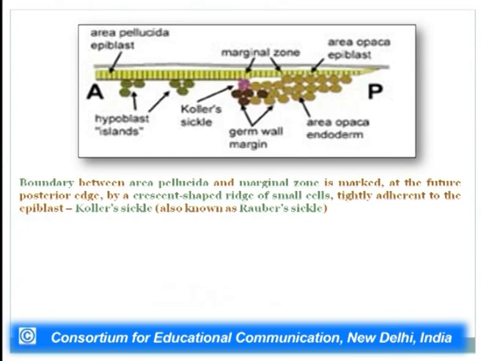The marginal zone cells are not very much attached to the epiblast layer. They are loosely attached, but Koller's sickle is very much adhered to the epiblast layer. So, that is the region which is present on the presumptive or future posterior edge of the area pellucida and the marginal zone. And this Koller's sickle or robber sickle, as we will see, is the position from where the primitive streak formation occurs. So, this location of Koller's sickle is very important.